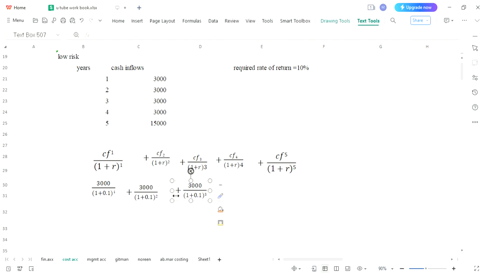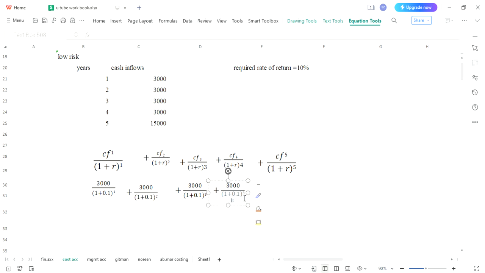Let's take our fourth installment. As you can see, there was only first statement which was likely to be difficult to write, and now for next statement we only need to change the power, change it as 4. Okay, and the last statement is your fifth statement.